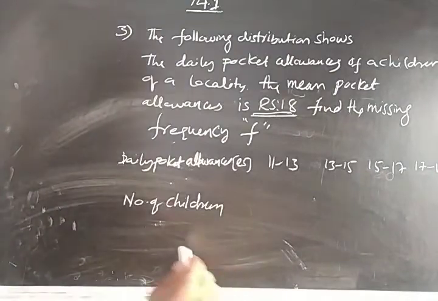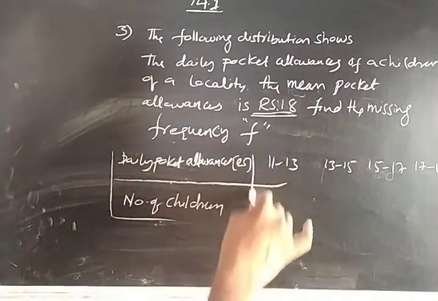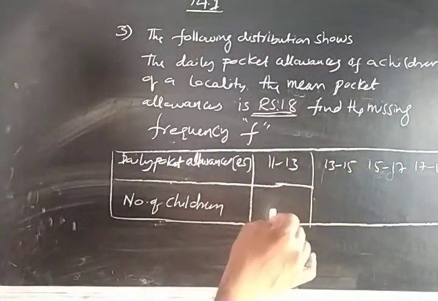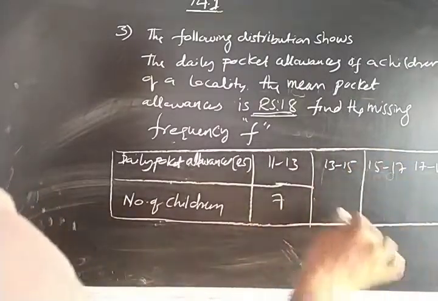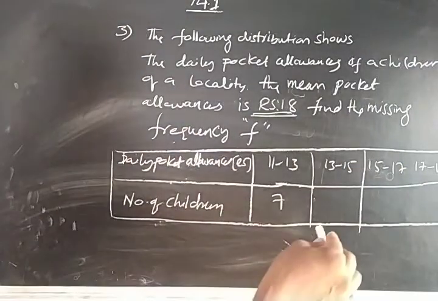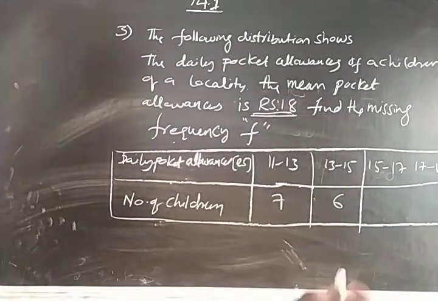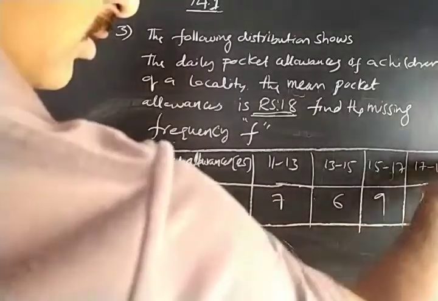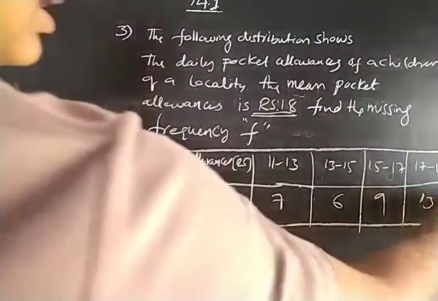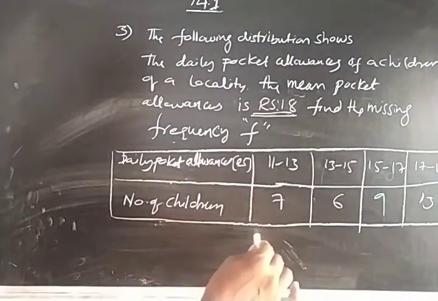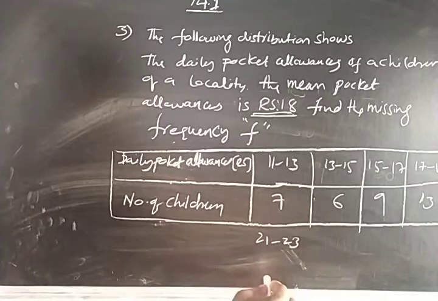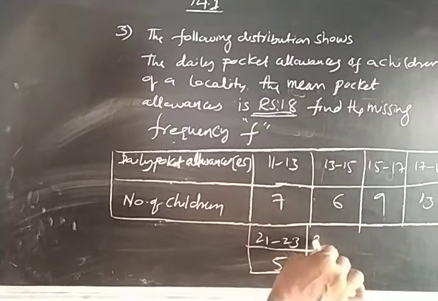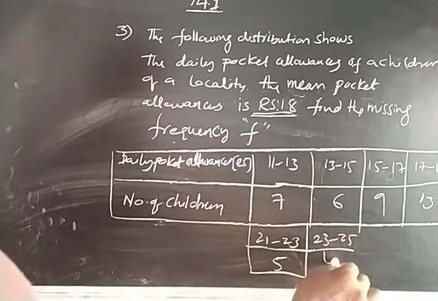Now the values: 11 to 13, 7 children; 13 to 15, 6; 15 to 17, 9; 17 to 19, 13; 19 to 21, this frequency F is missing. Next 21 to 23, 5 members; 23 to 25, 4 members. So this is the given table.